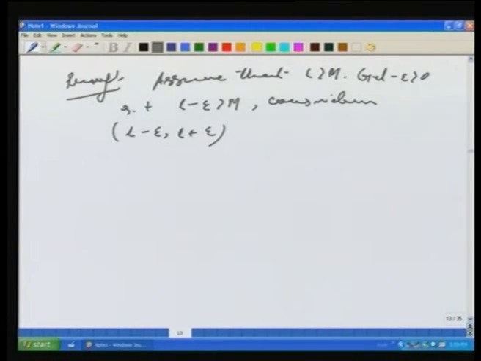now I know that since the sequence x n converges to L, after a certain stage all the x n's are inside L minus epsilon, L plus epsilon, but that implies those elements x n's are actually bigger than m, which they are not allowed to be.